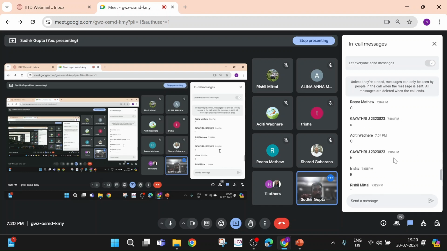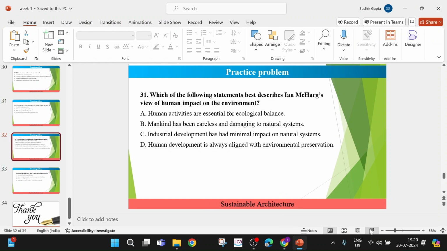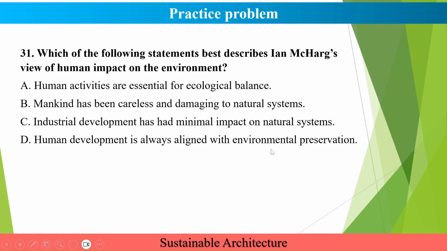These two people. So B is fine. All of you are fine with option B. B is the correct answer for this question. Is it fine?